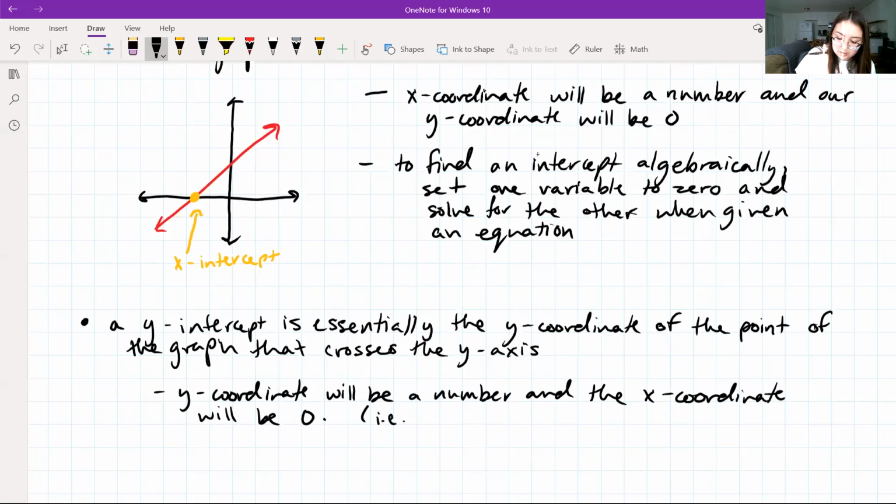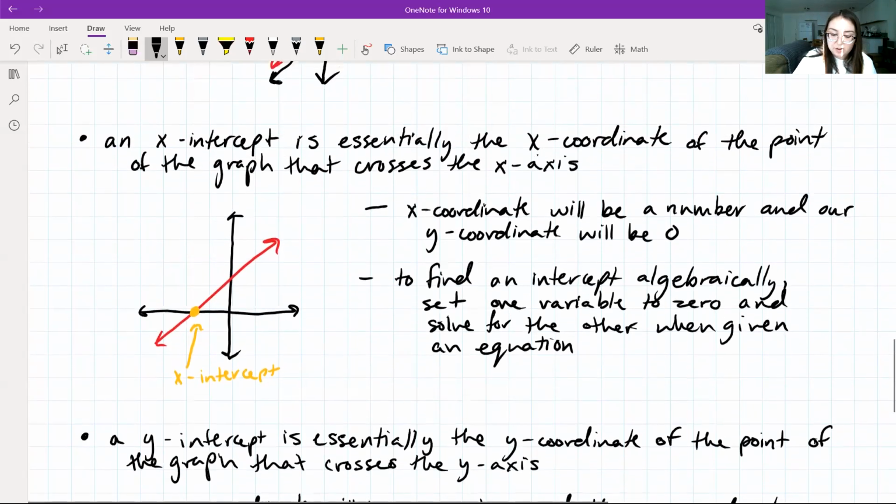So for an example, you would have points that look like (0, 5) or (0, -10), something along those lines. And then similarly for an x-intercept, we would have (5, 0) or (-10, 0).